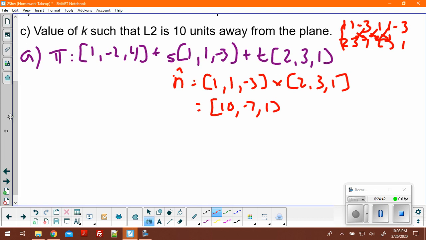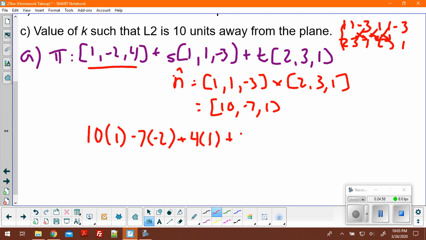So I've got 10x. My point was here. So 10 times 1 minus 7 times -2 plus 4 times 1 plus d is equal to 0. So I know that was 28. So d equals negative 28.